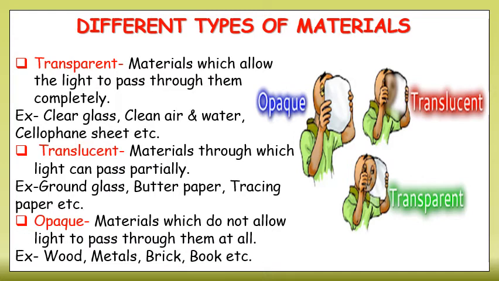Now, opaque materials. Opaque materials are the materials which do not allow any light to pass through them, due to which we cannot see anything through them. For example, wood, metals, clay, brick, wall, book, etc.